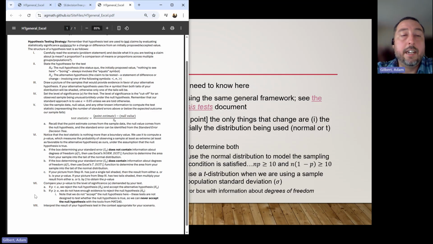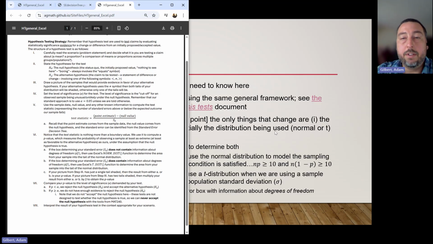Essentially, we're saying it's unlikely that our sample data was generated from a reality in which the null hypothesis holds. If our p-value is at least alpha, then we're saying that our observed sample data was not unlikely in a reality where the null hypothesis holds, and we fail to reject it. Again, we do not accept the null hypothesis. And then finally, we'll interpret the results of our hypothesis test in the context of the scenario.